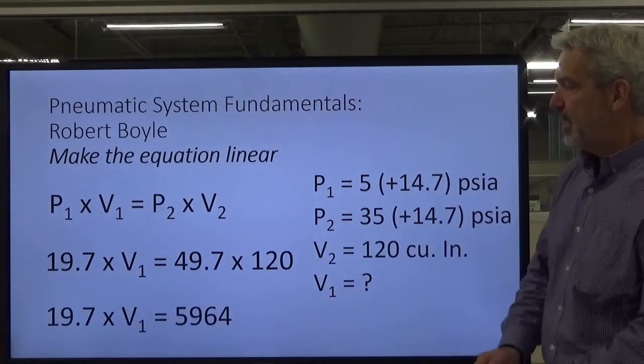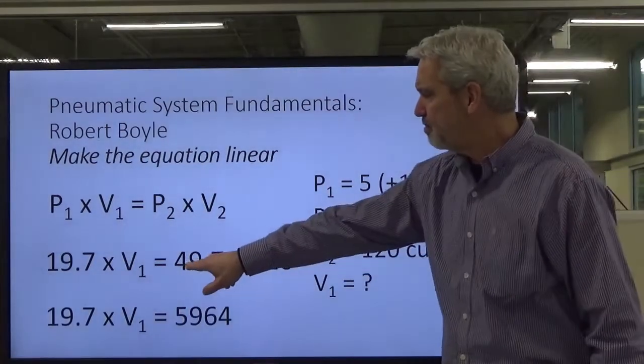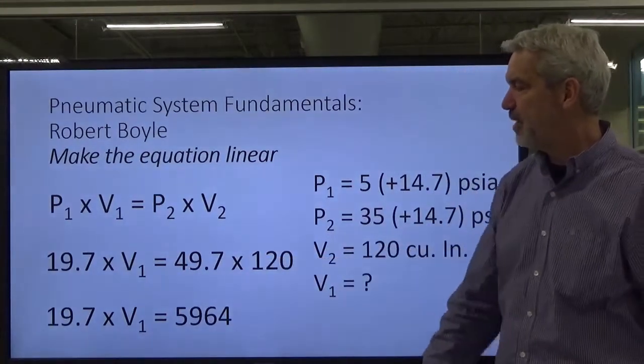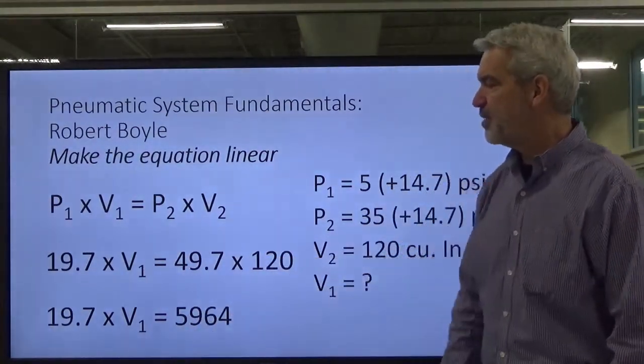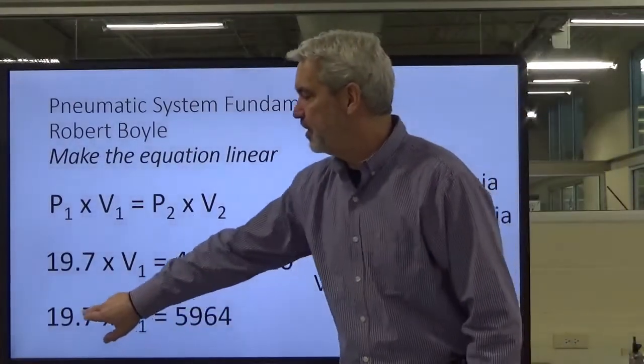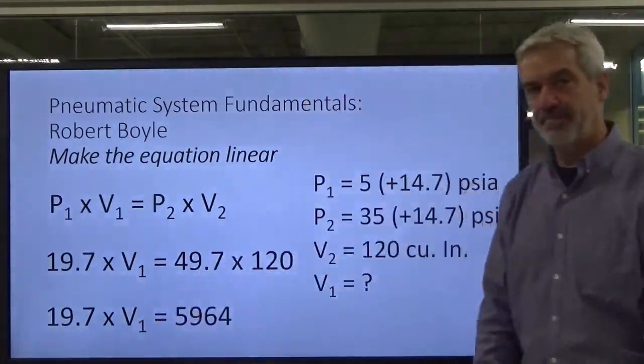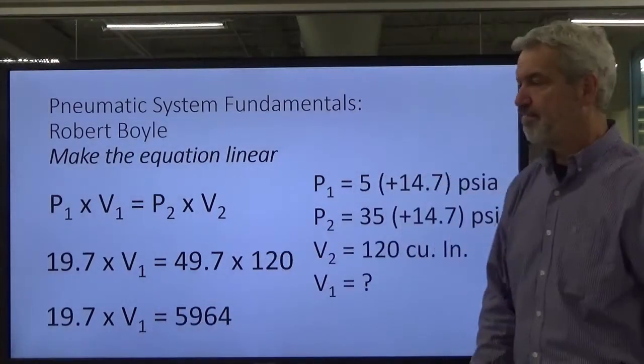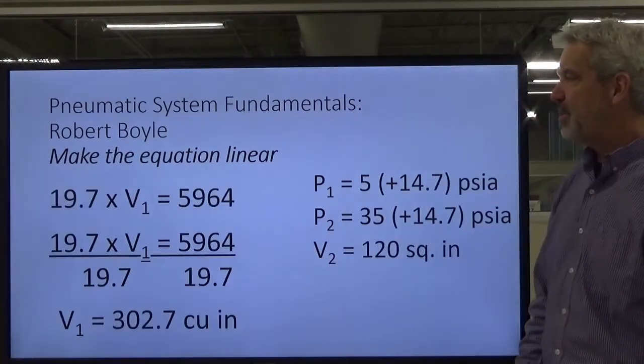The next step is to multiply 49.7 times 120. We wind up with 5,964 is equal to 19.7 times V1. We're not quite there yet, because what we're trying to get is V1 by itself. How do we do that?